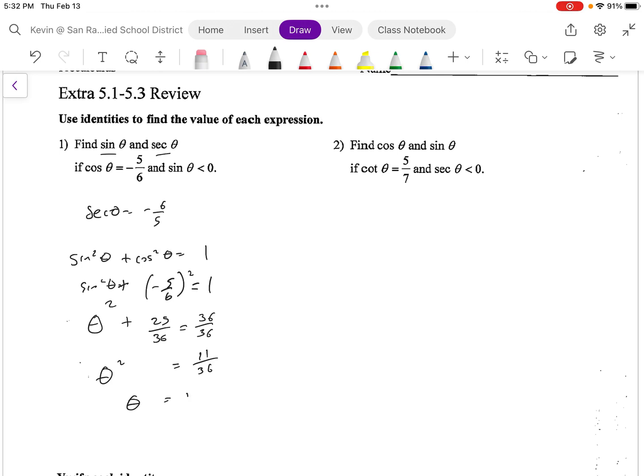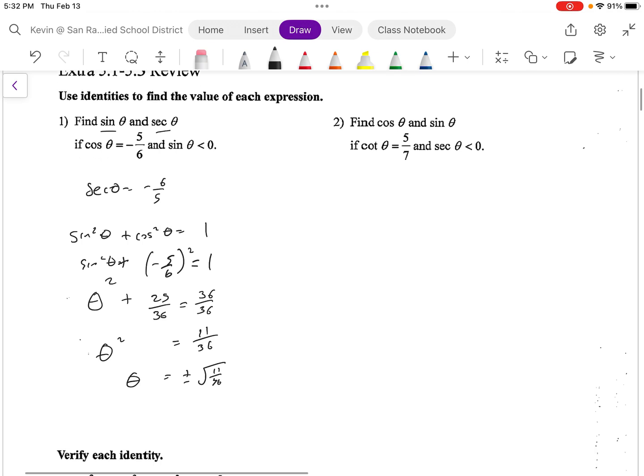So sine theta equals plus or minus the square root of 11 over 36. And it's negative since sine is negative, so it's negative root 11 over 6.